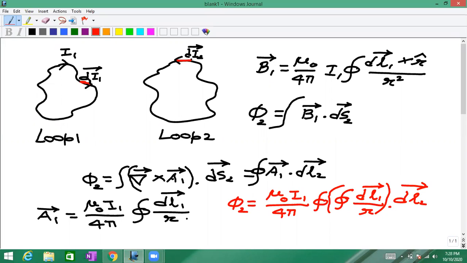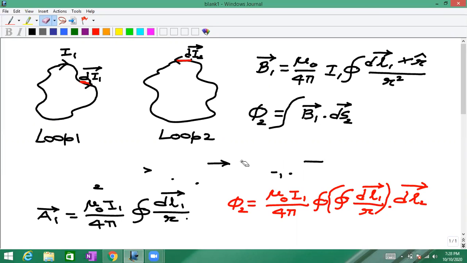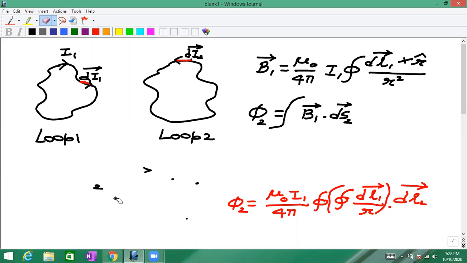Then what will be the expression of m21 now? M21 ৰ expression তো কি হ'ব? Because we know that phi2 is equal to m21 multiplied by I1. Yat phi2 ase something multiplied by I1. গতিকে m21 তো কি হ'ব এতিয়া?